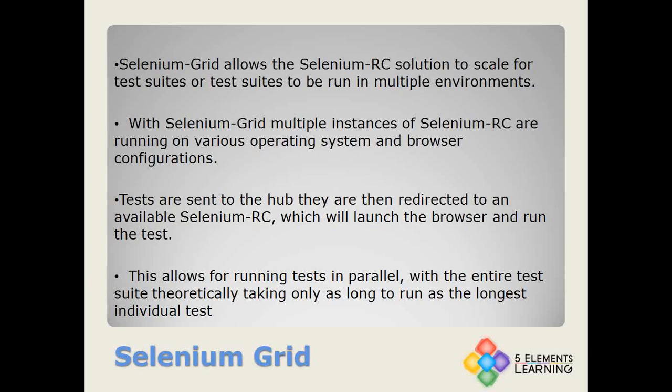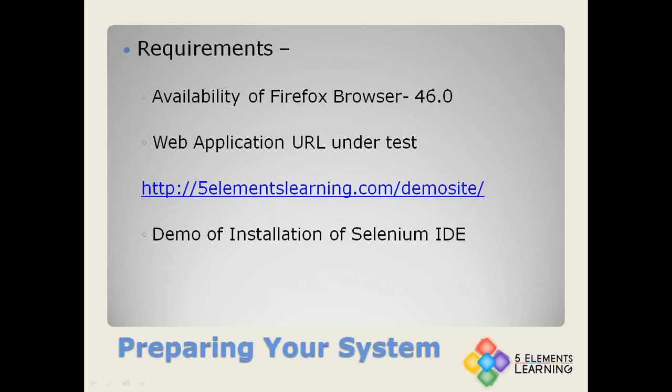When we create a grid-like structure using Selenium Grid, we generally have a hub which is receiving all the requests, and then we have different nodes which are machine and browser combinations. Whichever machine and browser combination matches the requested test, the test will be executed on that particular machine. So this allows us to run tests in parallel.